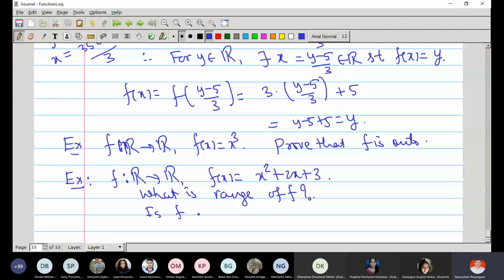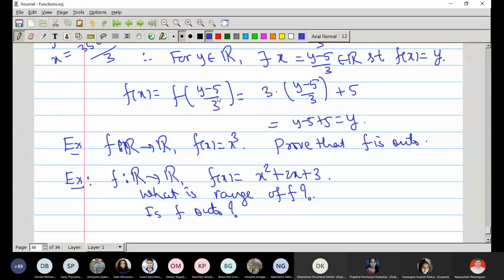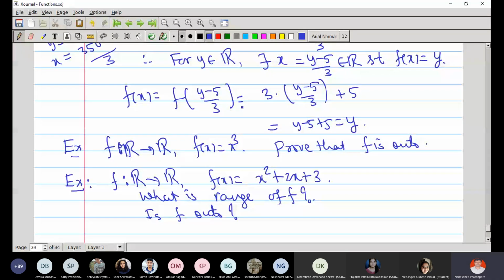Is f onto? So you think about it. What is the range of this function? And is this function onto?